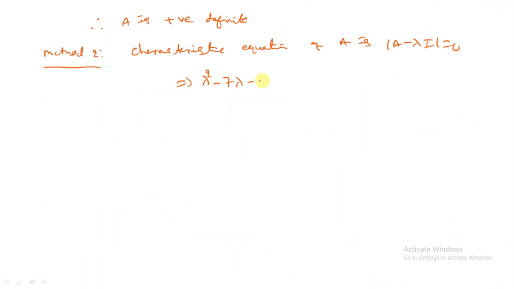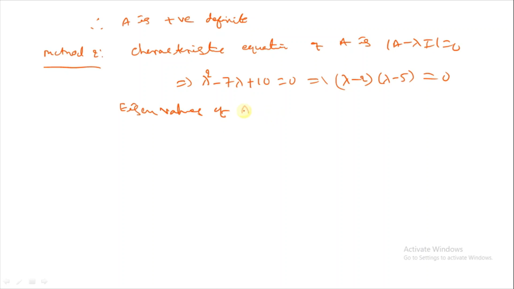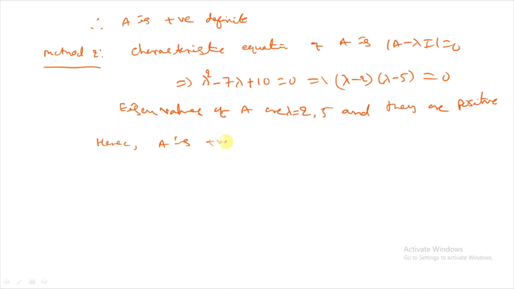The determinant is 12 minus 2, which is 10. So we get lambda squared minus 7 lambda plus 10 equal to 0, giving eigenvalues 2 and 5. They are positive. Yes, A is positive definite.